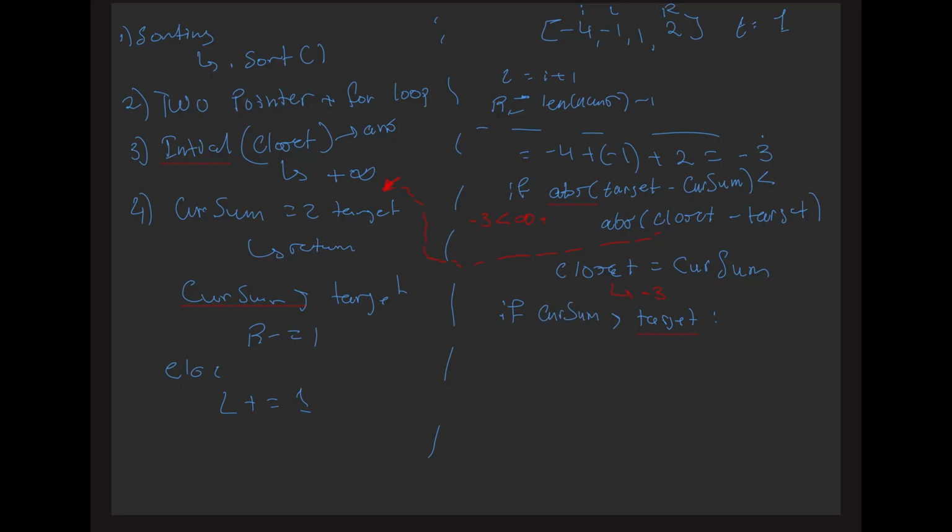If the current sum is greater than the target, that means we have a much greater value on the right side, and we're going to tell the right pointer to decrement. Else if the current sum is less than the target, then we're going to increment our left pointer, which in this case we would, because we have a -3, and -3 is smaller than 1.